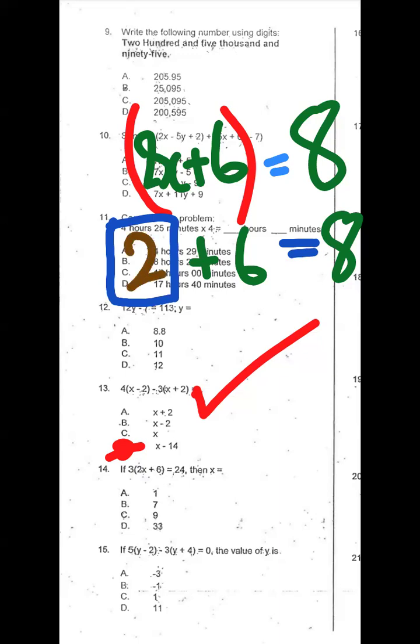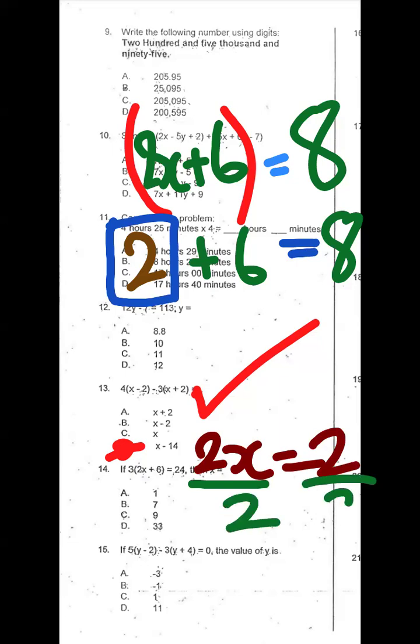So therefore, now we focus on 2x equal 2. 2x is equal to 2. We'll divide this by 2, divide that by 2. X is equal to 1. Therefore, our answer here is going to be 1.